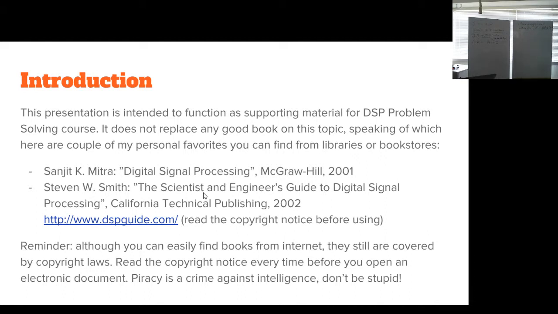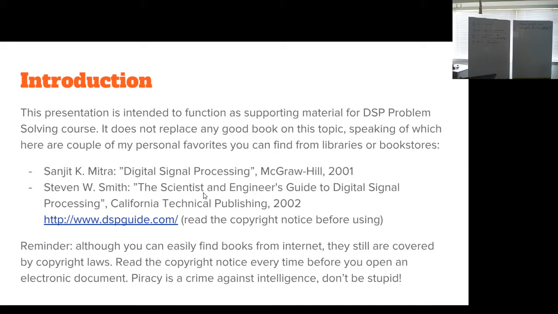Although I'm here to give you these lectures, it does not really replace a good textbook. There are a couple of books here that I personally like because they are applied. Most digital signal processing books are too theoretical for anyone to read. Most of them were written when digital signal processing was a science.